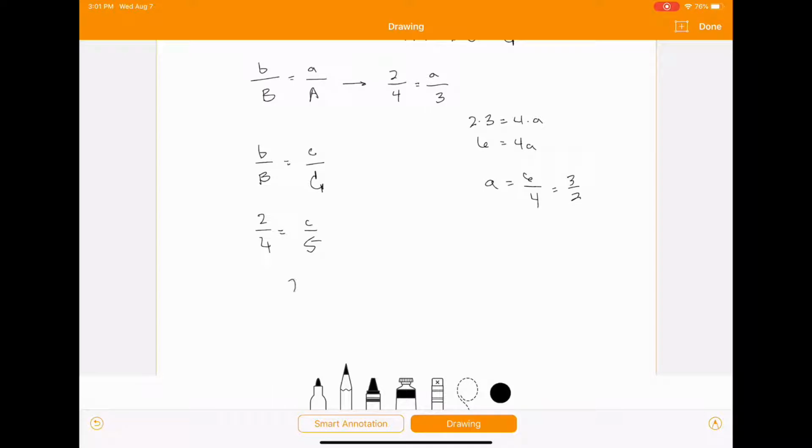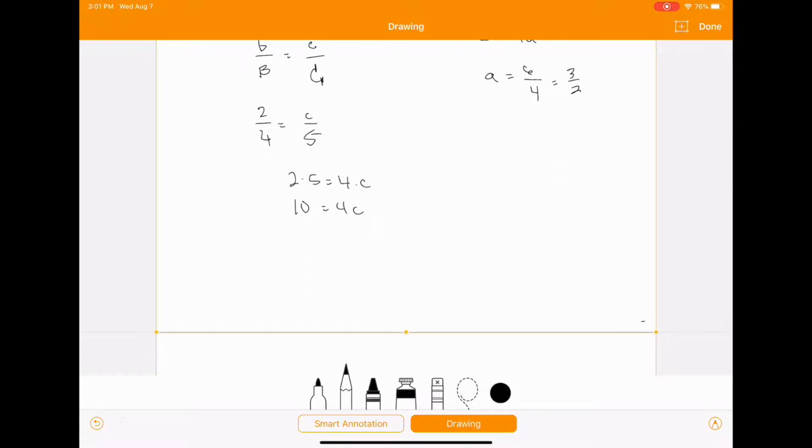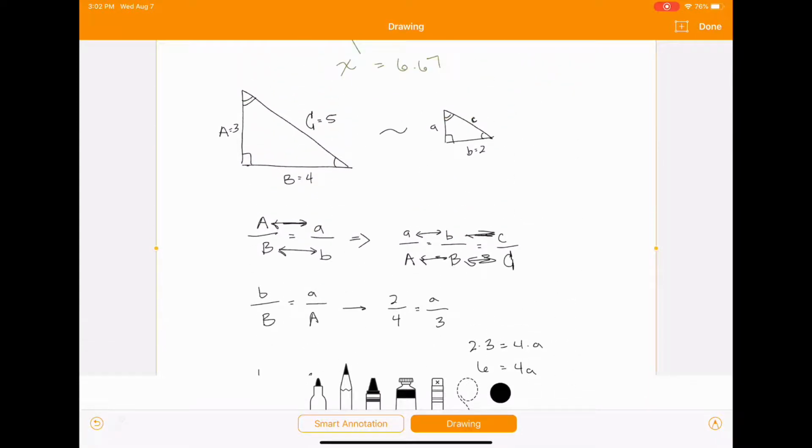Again, do your cross product, so 2 times 5 equals 4 times c. 10 equals 4c. So c equals 10 over 4, which is going to be equal to 5/2. All right, so it's as simple as that. Just make sure that you line these up correctly and you don't get them confused.